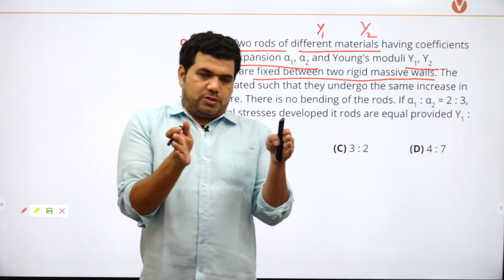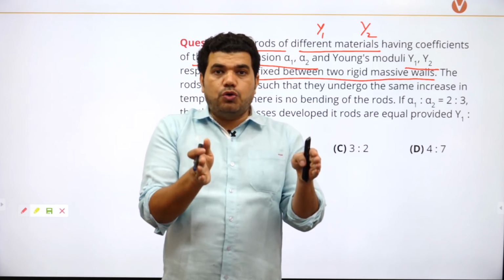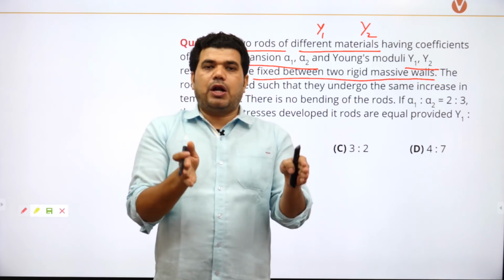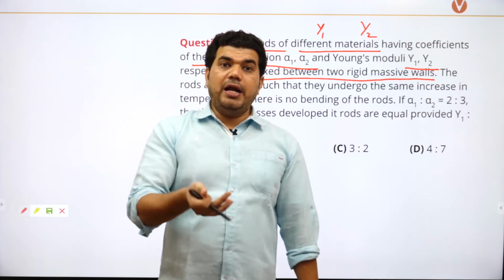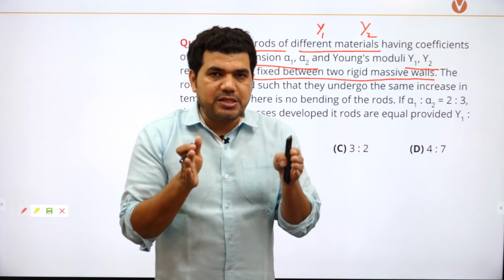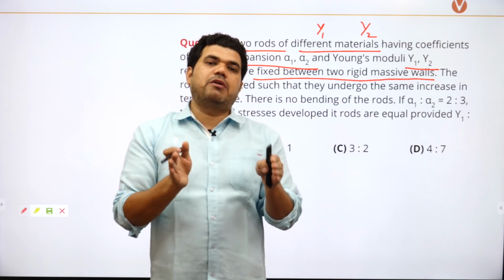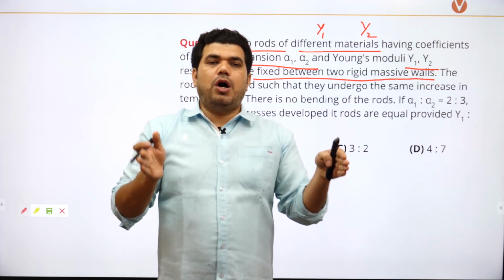Two massive walls in between, they are fixed, means they are not allowed to expand. If they are not allowed to expand, then due to the required expansion, there must be a thermal stress. That stress will be developed because the required extension is not allowed.